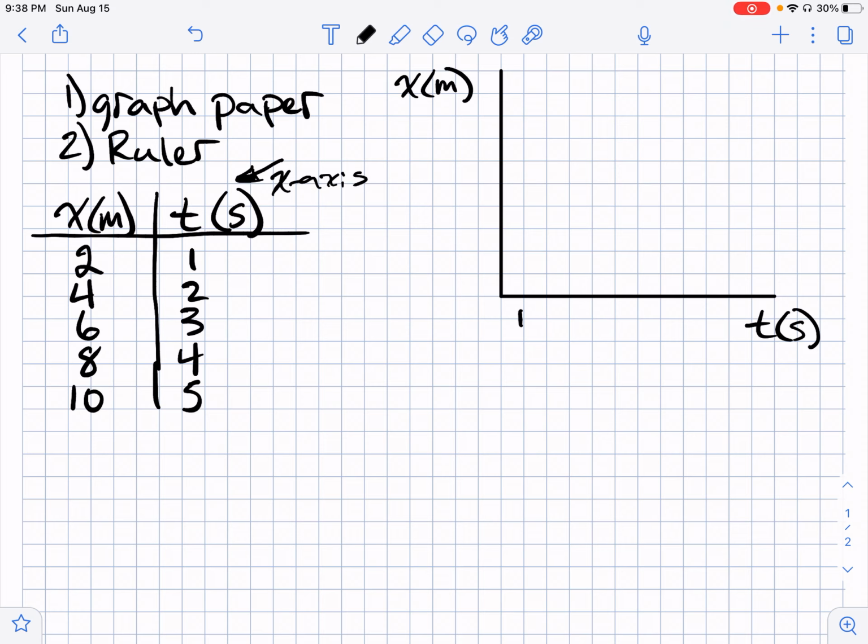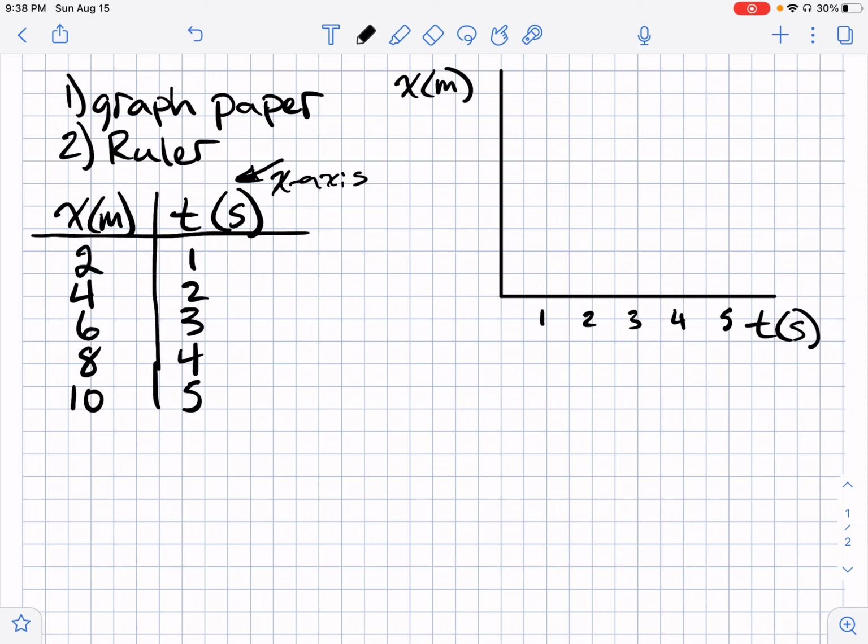So for this graph, I'd probably skip a line. In other words, every line is about a half second. So I'd have 1 second, 2, 3, 4, 5, and I stretched it out quite a bit. Now for position, since it goes all the way up to 10, we can probably say every line is 1.